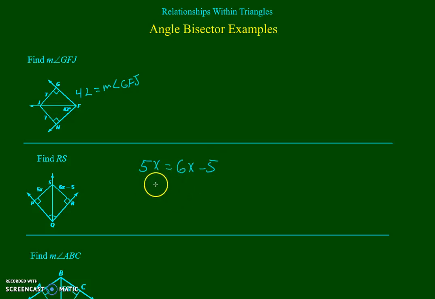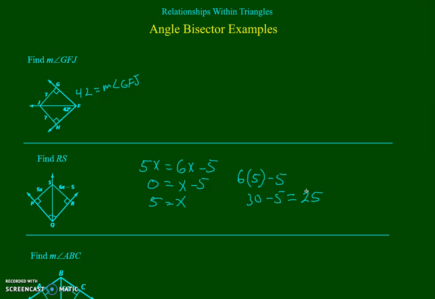And so doing some quick algebra here, 0 equals x minus 5. 5 equals x. So if x equals 5, we're looking for segment RS. So we're going to substitute that in there. So 6 times 5 minus 5 is 30 minus 5, which is 25.